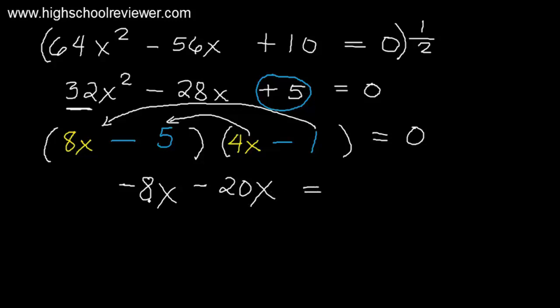Now, negative 8x minus 20x is negative 28x. Therefore, this is the same as our second term, so these factors are correct. They are the ones that we are going to use. So we can now erase this.